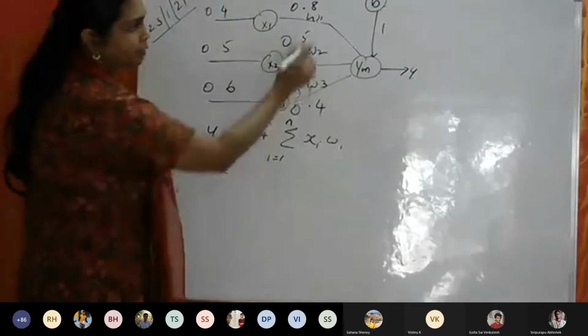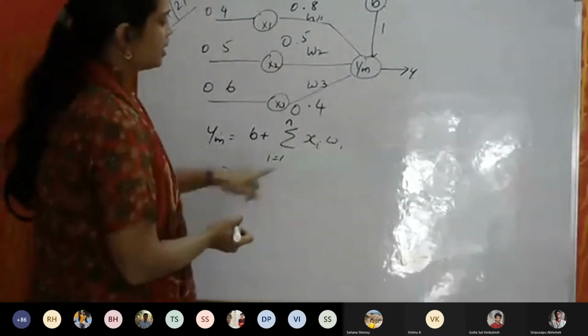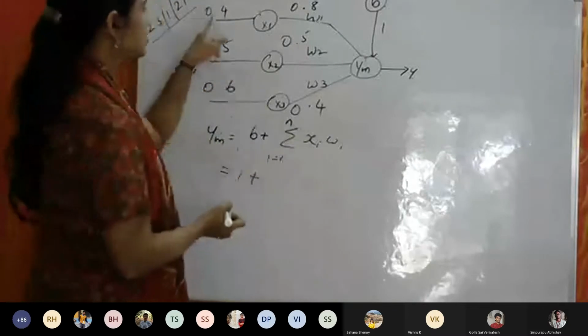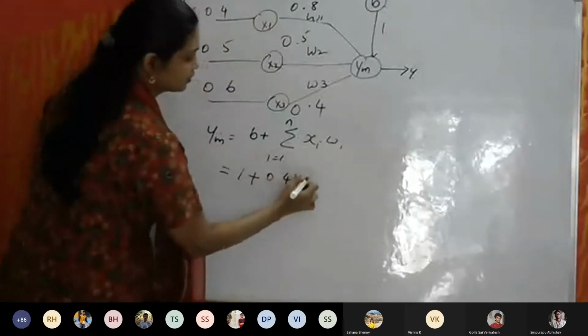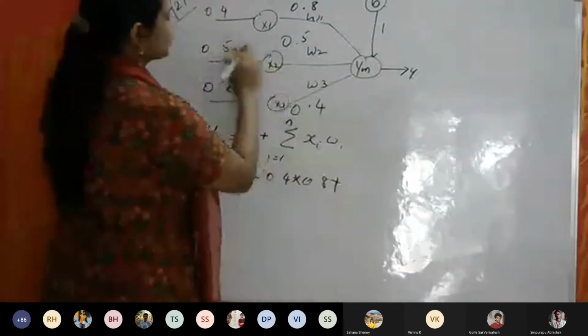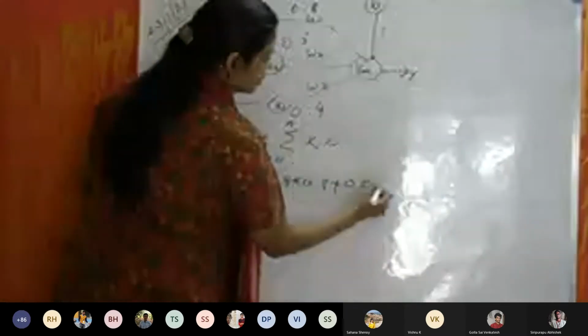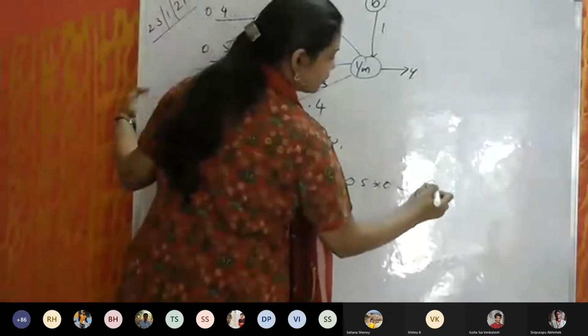So here the b is 1, so 1 plus xi into wi: 0.4 into 0.8 plus 0.5 into 0.5 plus 0.6 into 0.4.